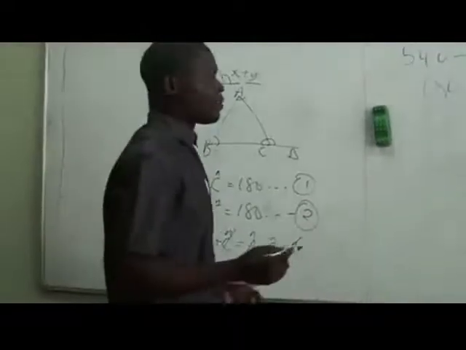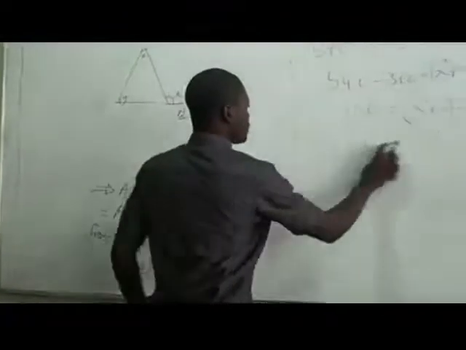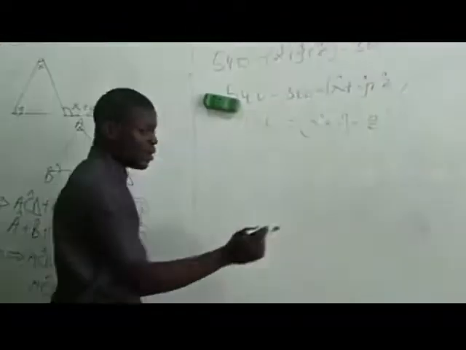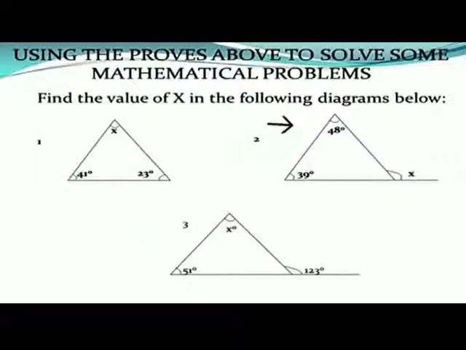So now, let us solve an example based on this theorem which we proved. You are told to have 48 here, and you have 39, and here you have x.